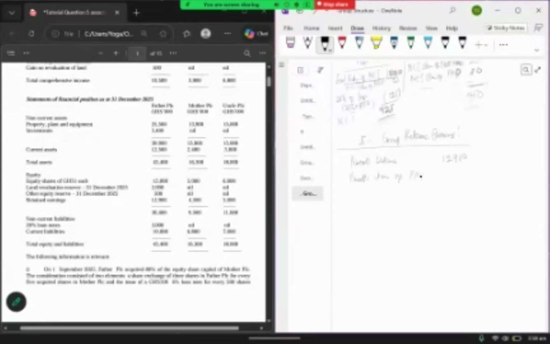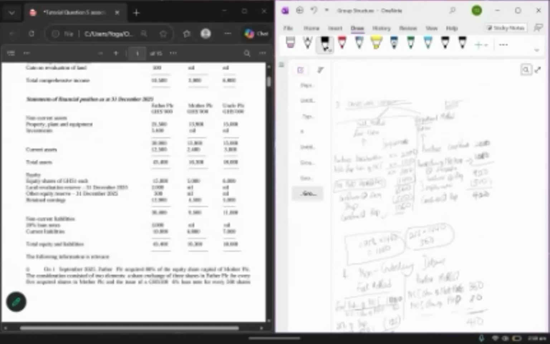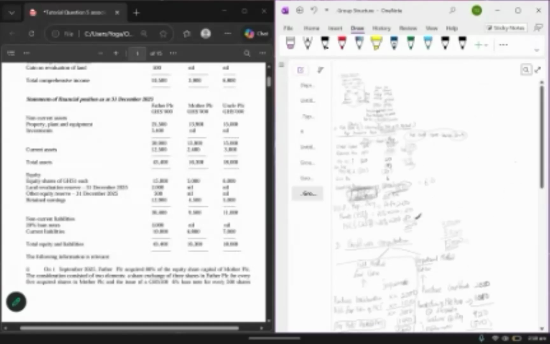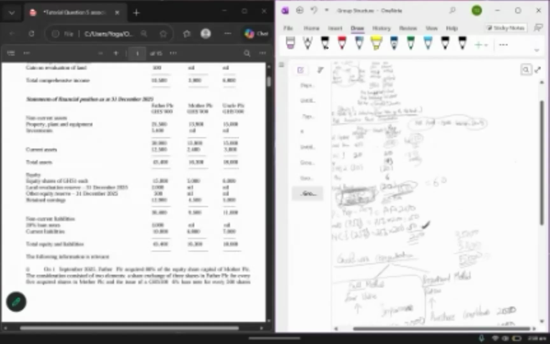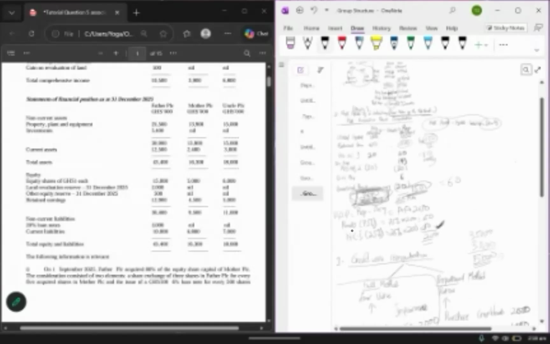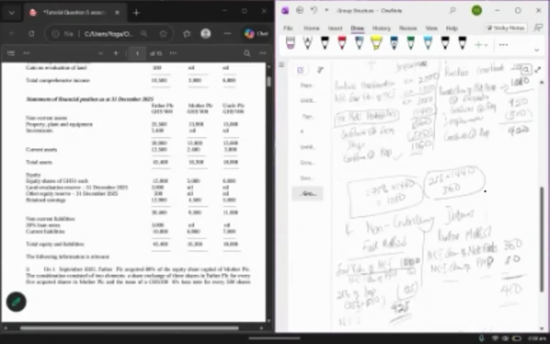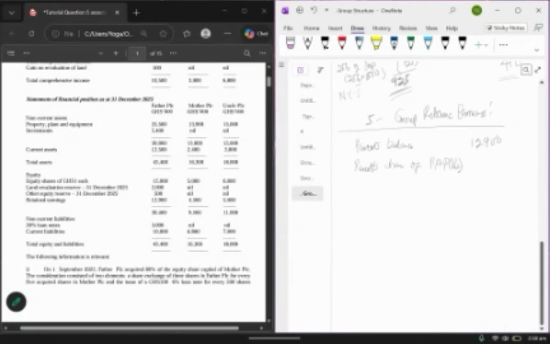The post-acquisition profit from workings too. Okay, let me bring that. It's here. The parent had 150.